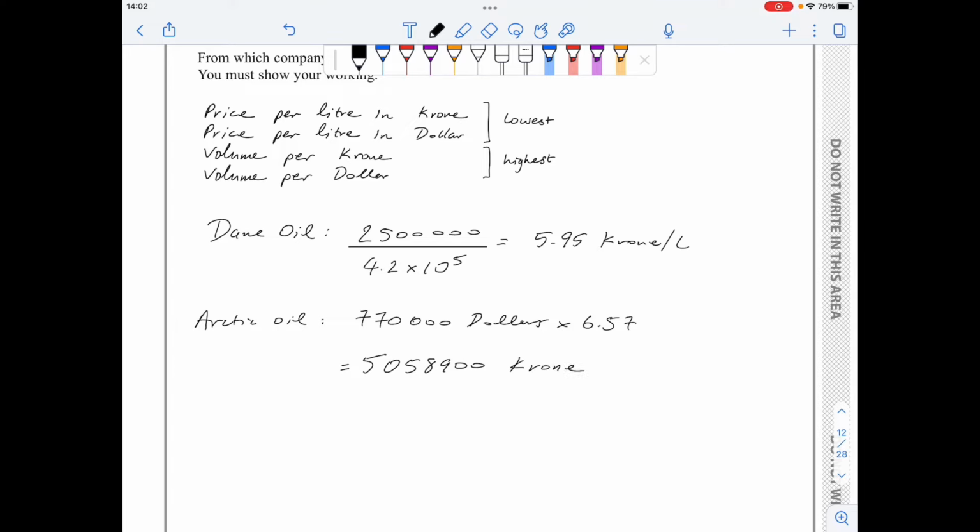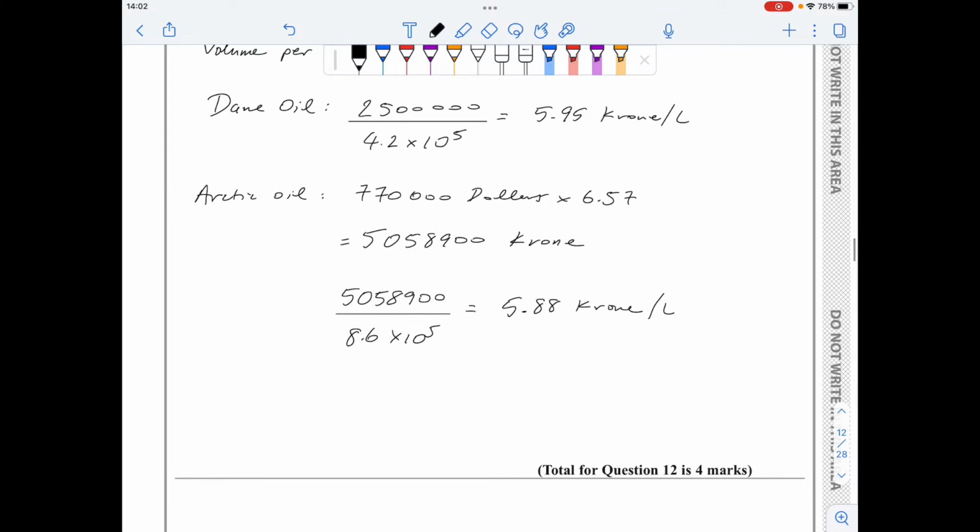So I've got this amount divided by 8.6 times 10 to the 5. This comes out to be 5.88, again, krone per liter. And my answer would be the Arctic oil is the better one because it is cheaper.